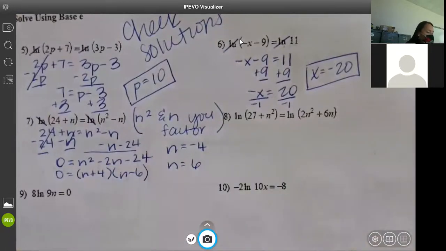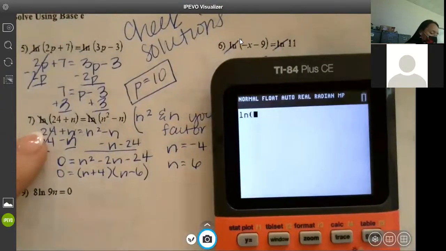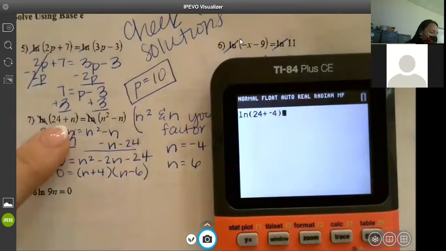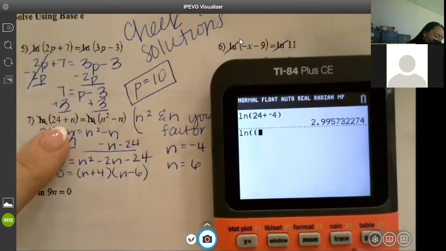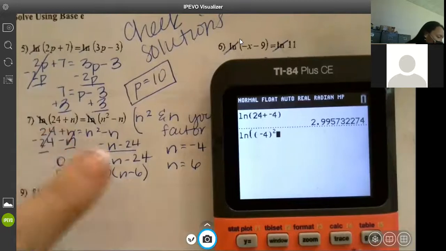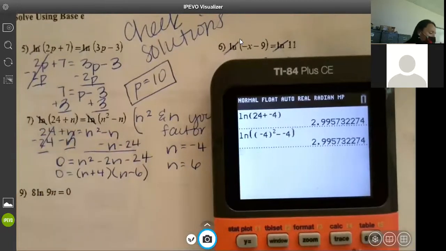But we need to check those. So ln of 24 plus negative 4, that one works. ln of negative 4 squared minus negative 4, that one works, and they were the same number.